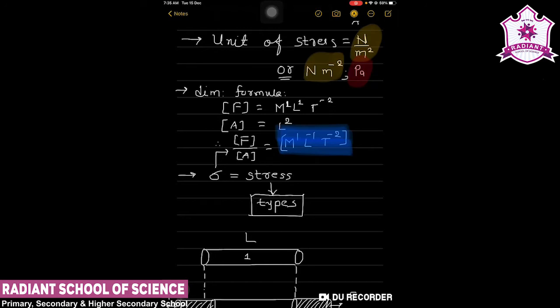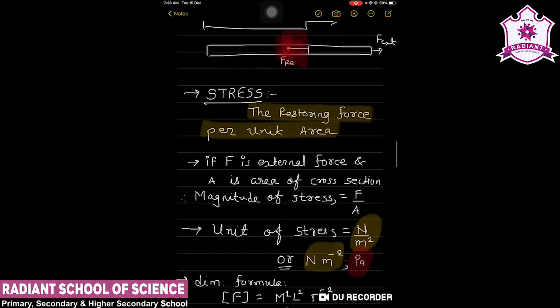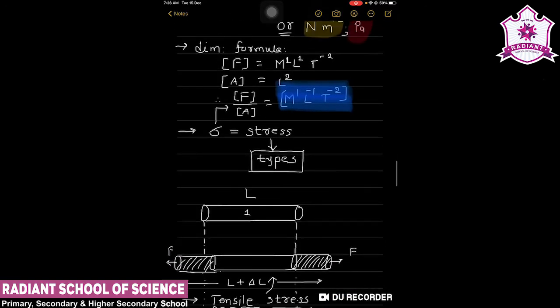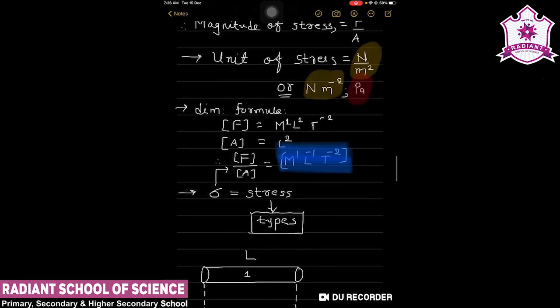So this is the information about how stress is defined. Now we understand what stress is and the types of stress. At the same time, we want to understand strain. Stress is actually the restoring force per unit area.